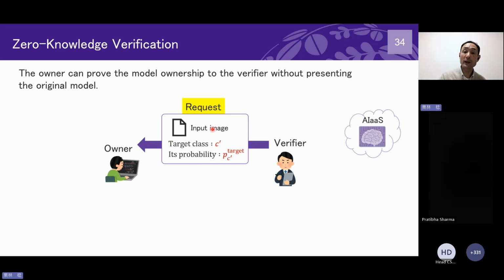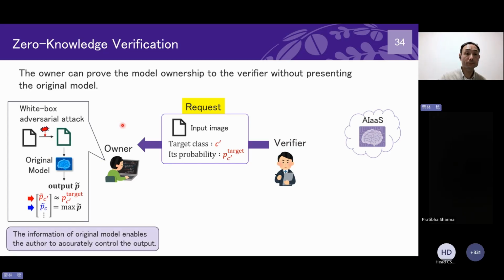This is the input image, target class, and its probability. Then the owner tries to create the adversarial example. Because the owner has full access to the original model, he can accurately control the output. This is the target class and target probability.